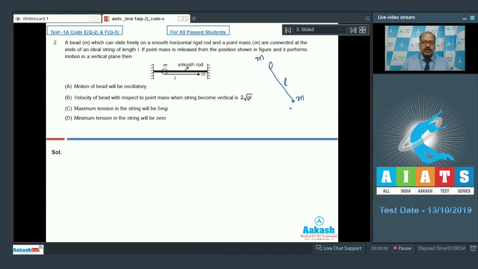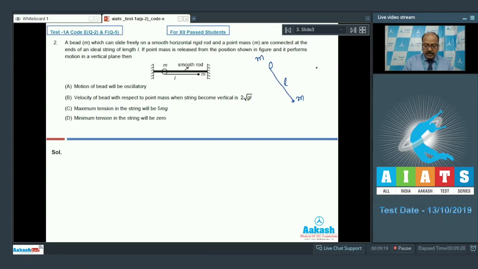Number two, there is no displacement of the center of mass in the horizontal direction. So the motion of the bead will be oscillatory. As the particle comes down, the bead is moving towards right initially. As the particle starts going up, the bead is moving towards right.